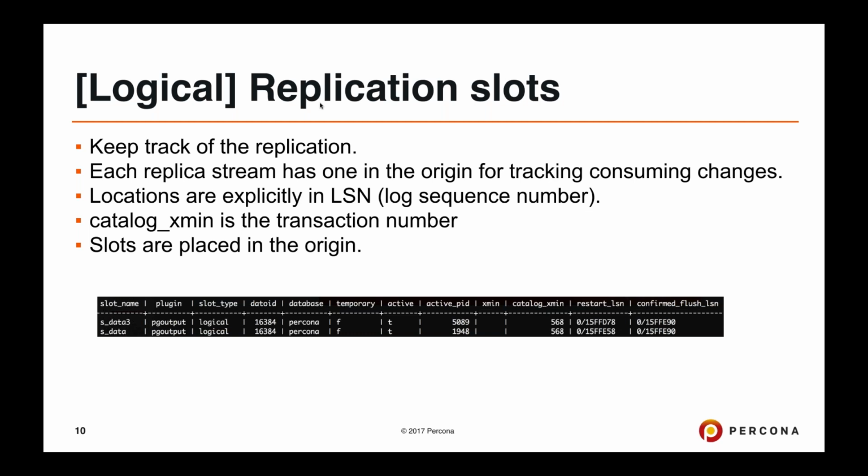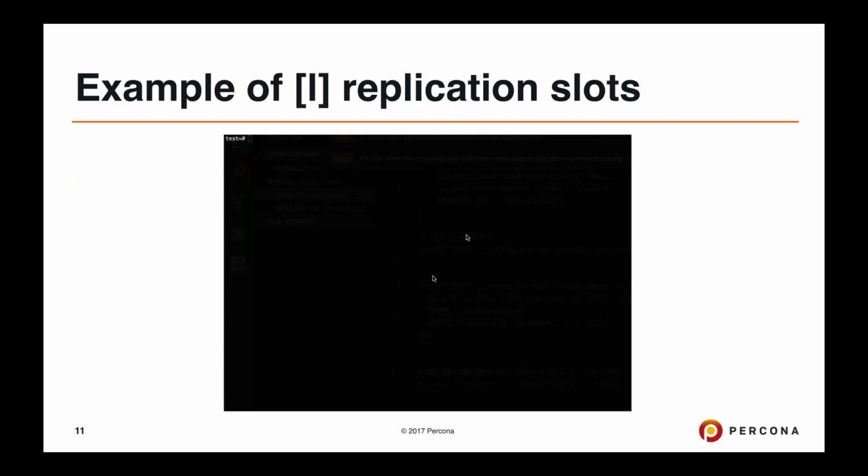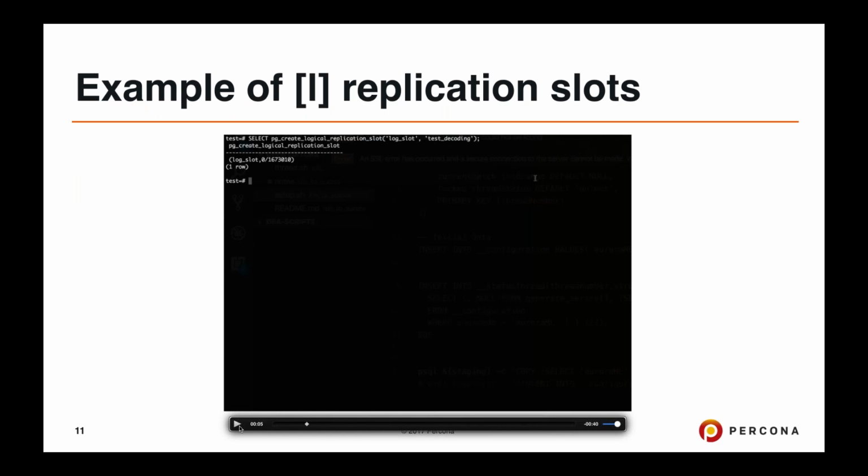So this is an example of how logical replication slots work. This GIF will show you how to create a replication slot using the test_decoding plugin, which is the testing one.